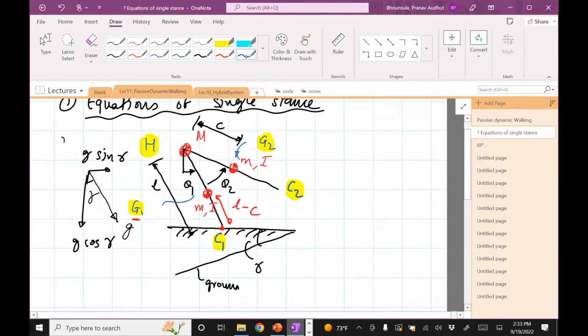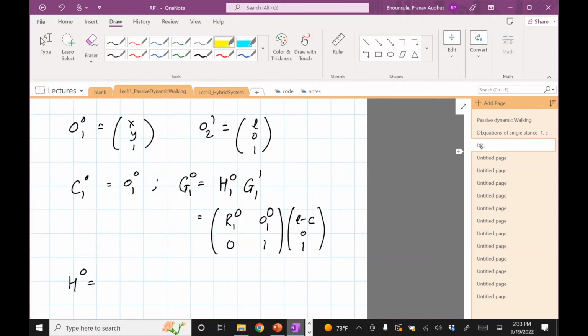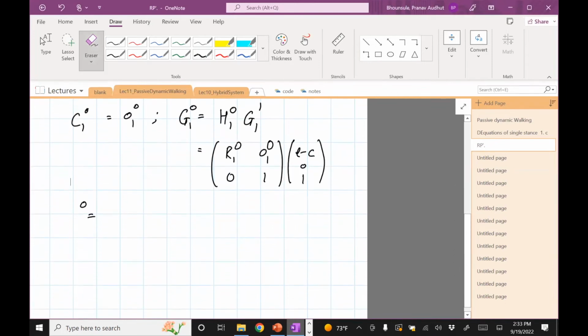Let's call it something else. Let's call it P. Okay, so it's not confusing with H, which happens to be our homogeneous matrix. So let's call it P. Okay, so P with respect to frame 0 is H10, P with respect to frame 1.